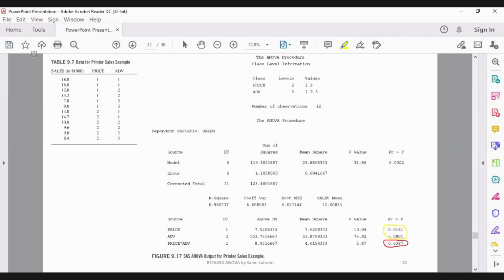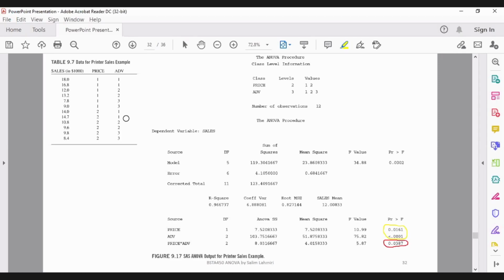In this example, we have sales, price level, and advertising. Price has 2 levels, 1 and 2, and advertising has 3 levels, 1, 2, and 3.